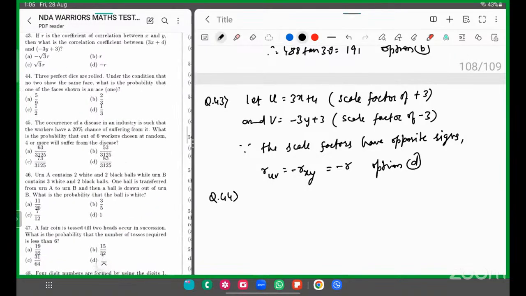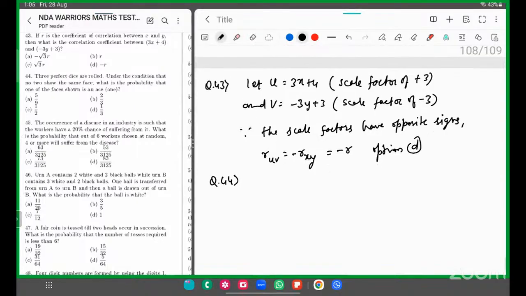Three perfect dice are rolled under the condition that no two show the same face. What is the probability that one of the faces shown is an S?